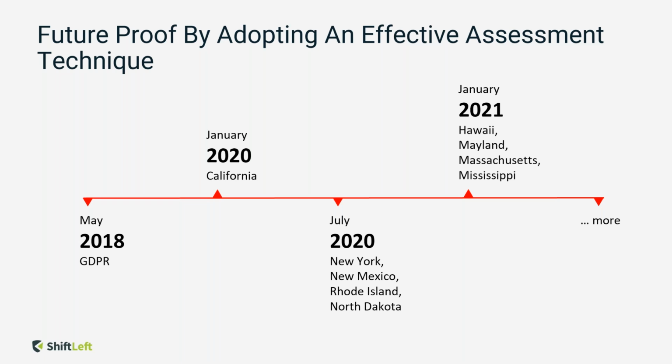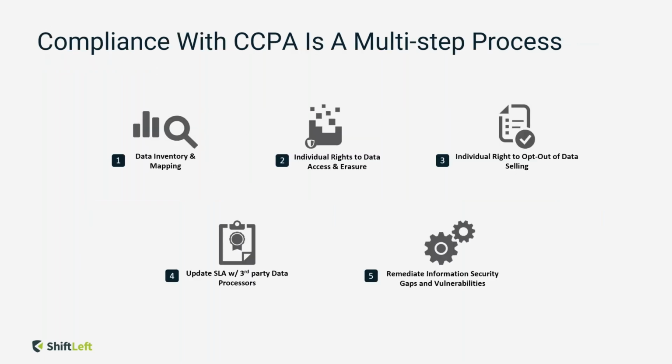Now, we've seen what CCPA is at a high level. We've seen who it applies to. And we've also seen some of the acts that are going to follow. Let's look at what CCPA involves. Compliance with CCPA, there's multiple steps involved.